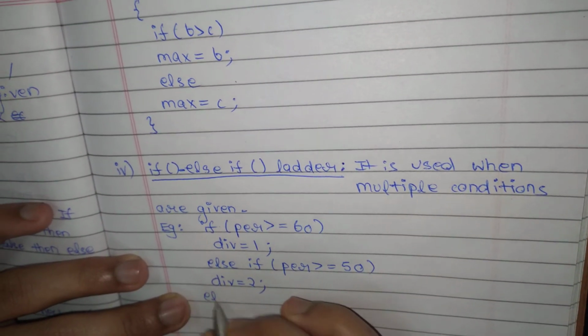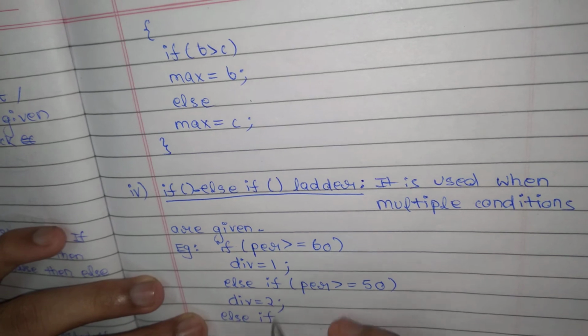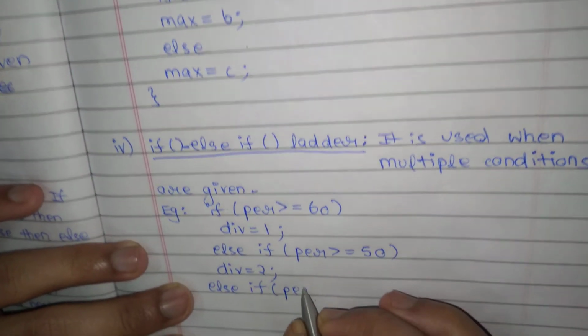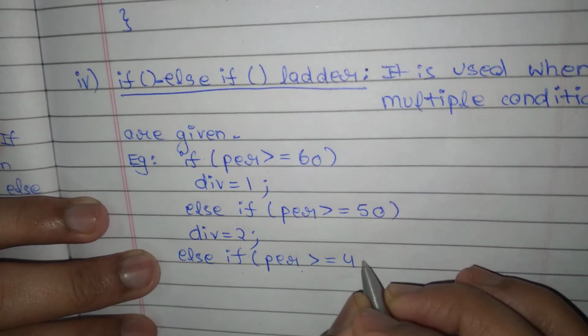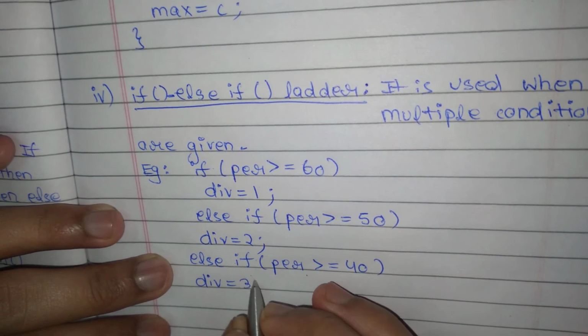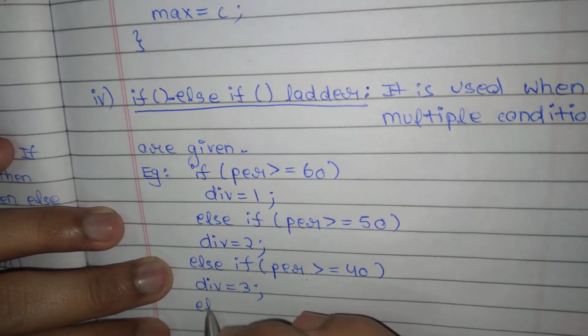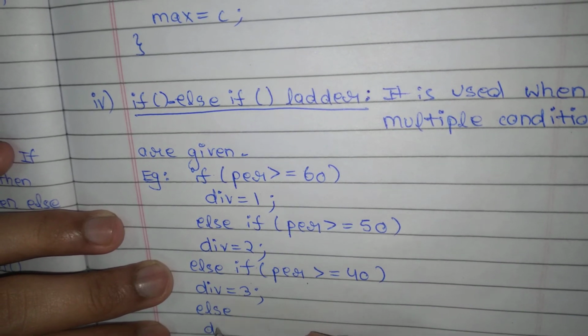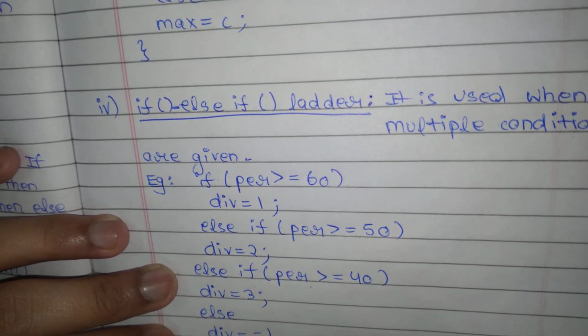Else if PER greater than equal to 40, div is equal to 3. Else div is equal to -1.